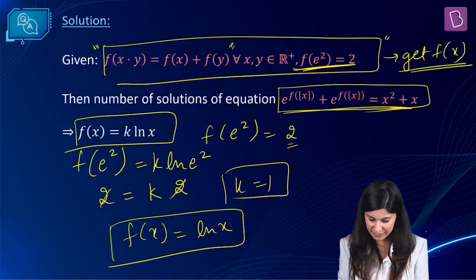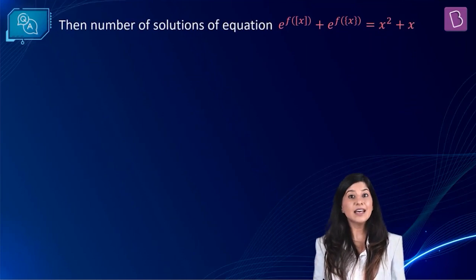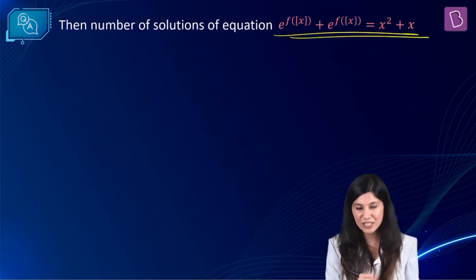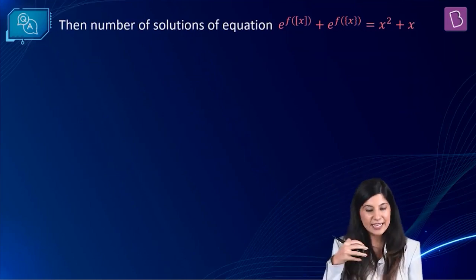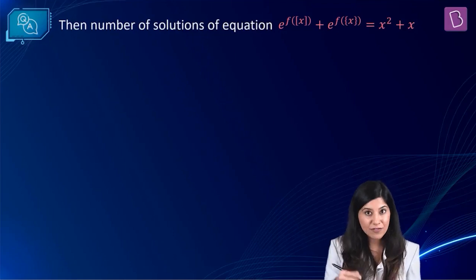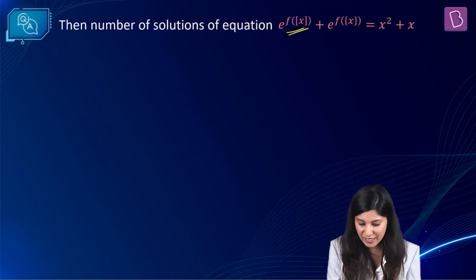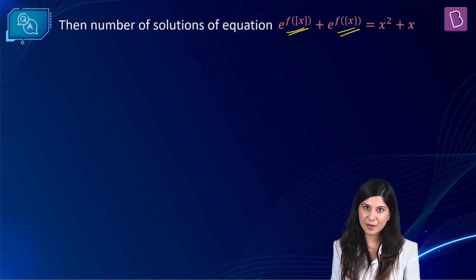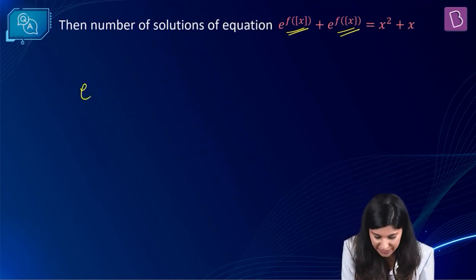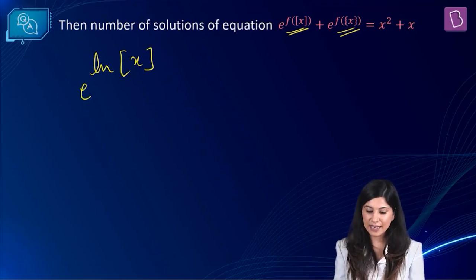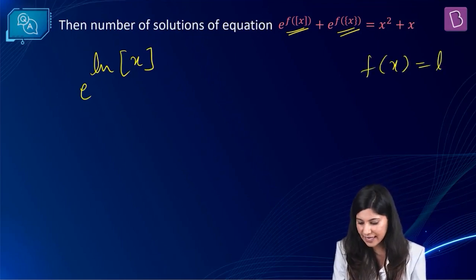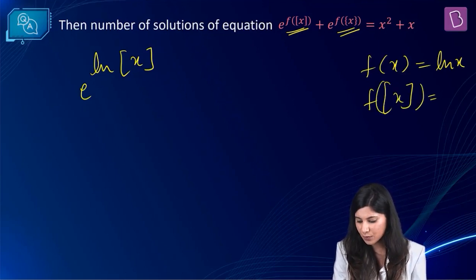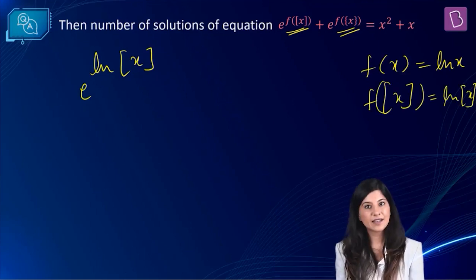Now let's focus on the second half, which says we need to figure out the number of solutions of this equation. Now the question is extremely easy. Let's just put the value of f of GIF of x and f of fractional part of x over here, right? Because fx is ln x, if I talk about f of GIF of x, that would be ln GIF of x, isn't it?